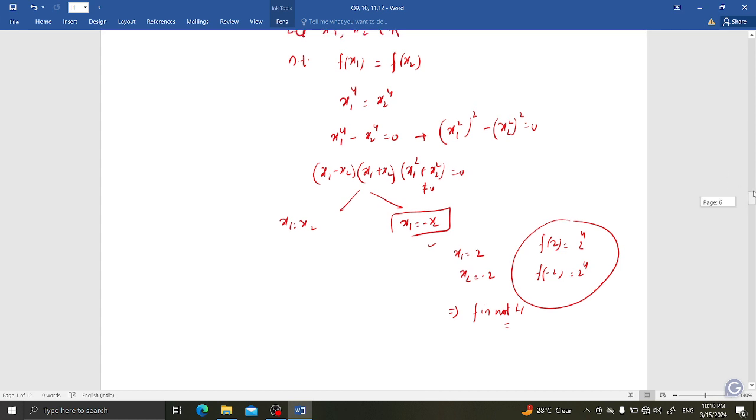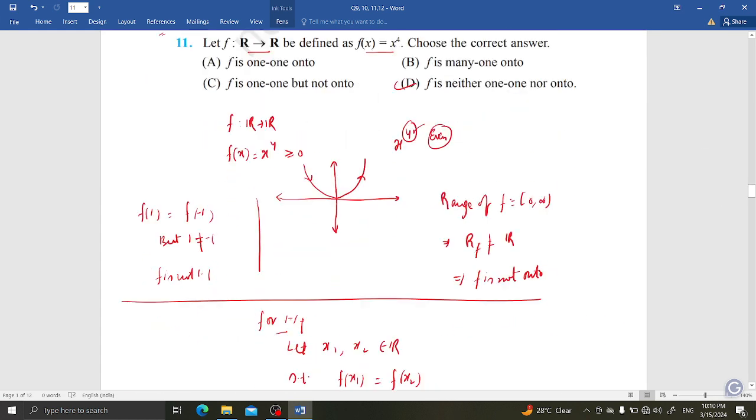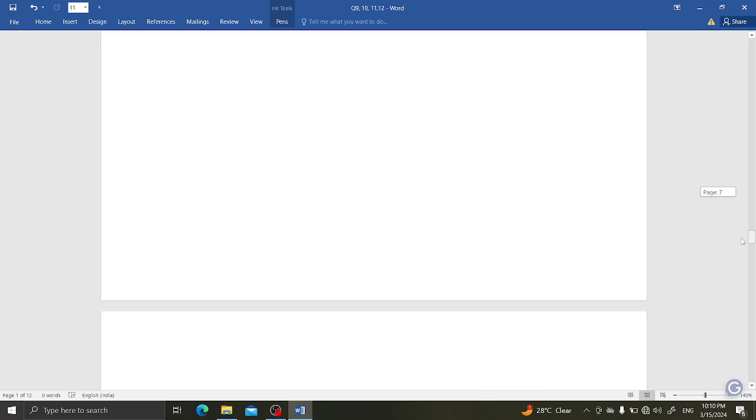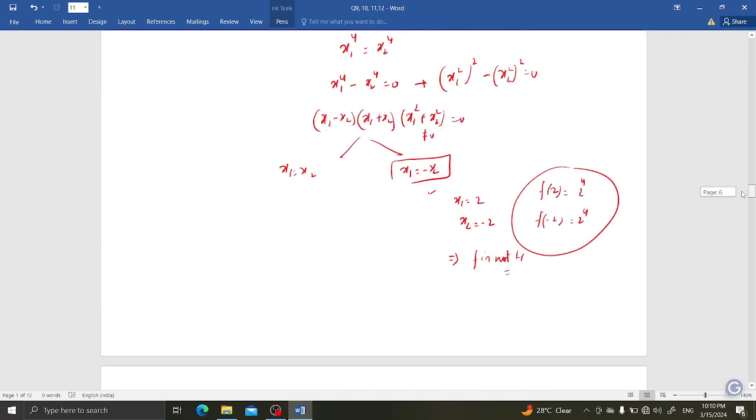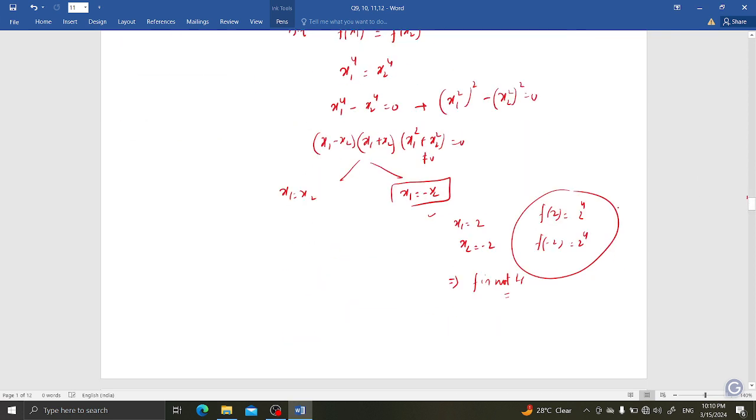And for onto we can write the same thing. Let y belong to R. So f of x equals y, which means x to the power 4 equals y.